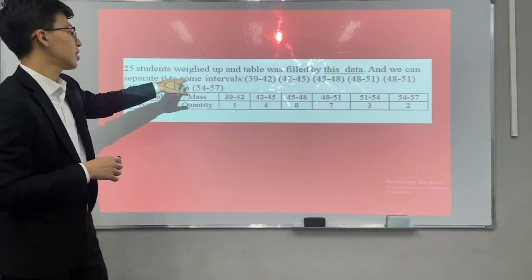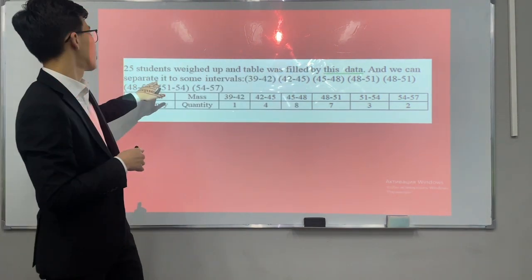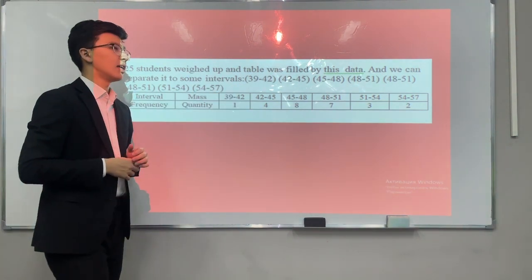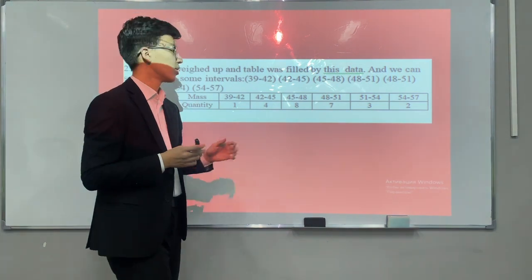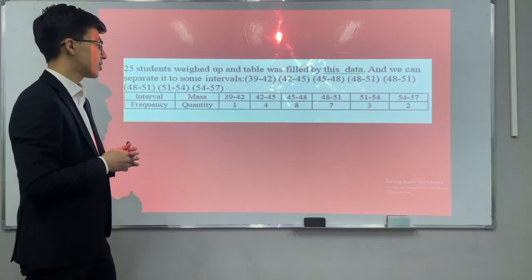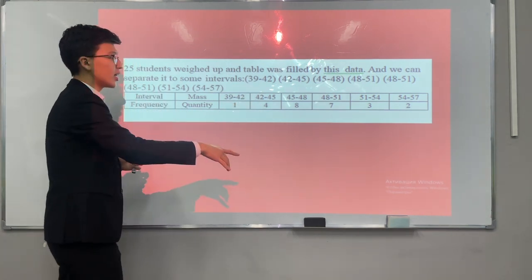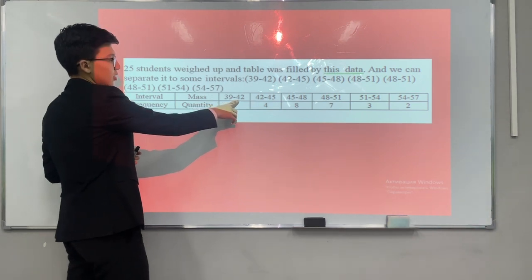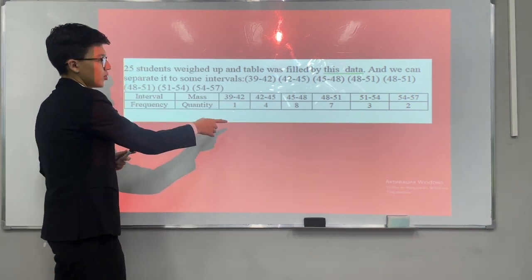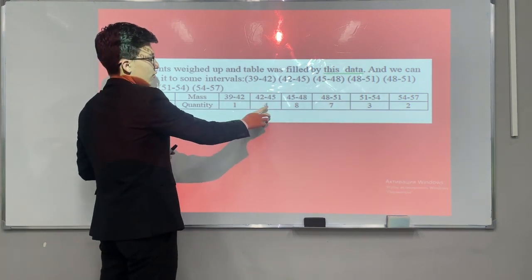We can separate it into some intervals, and you will understand why. Here the students who weigh in this interval is one student, not the quantity, and in this interval, four students.